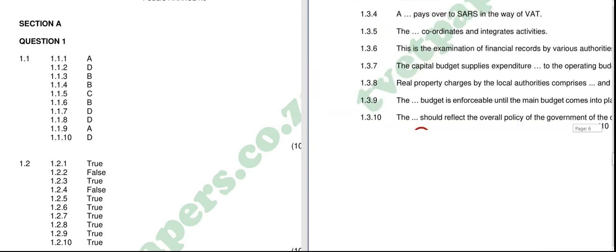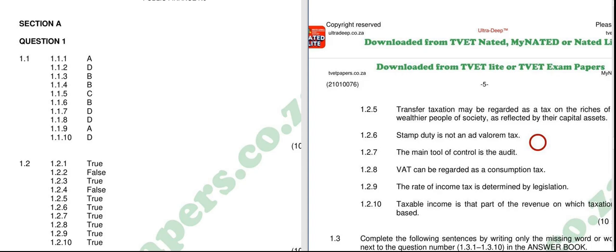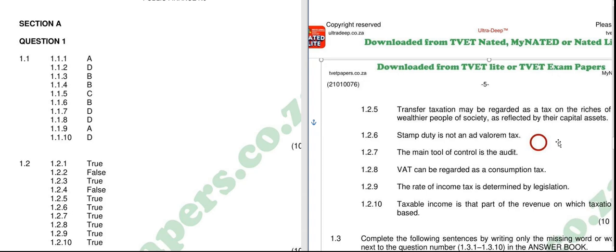Whereby we also have a continuation in terms of the true and false section. So we are here. Basically this is what we have on that part, whereby transfer taxation may be regarded as a tax on the riches of wealthier people of society as reflected by their capital assets. And we have our answer is true.